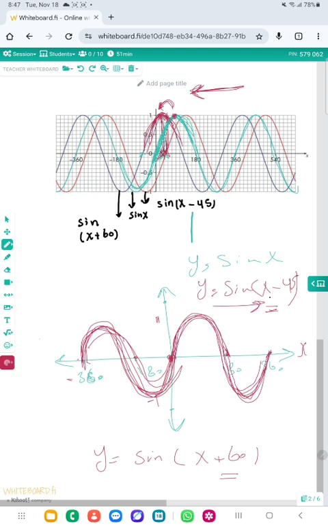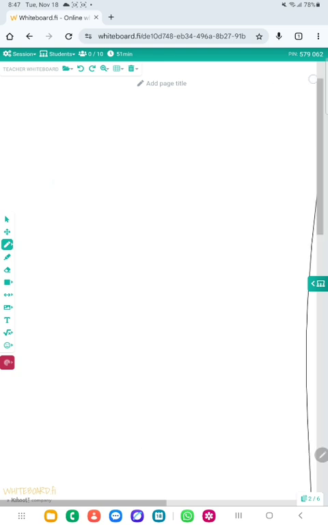Okay, let's talk about what's happening. Imagine grabbing the entire graph, the green one is the original. I will slide it 45 units to the right, to get y equals sine x minus 45.